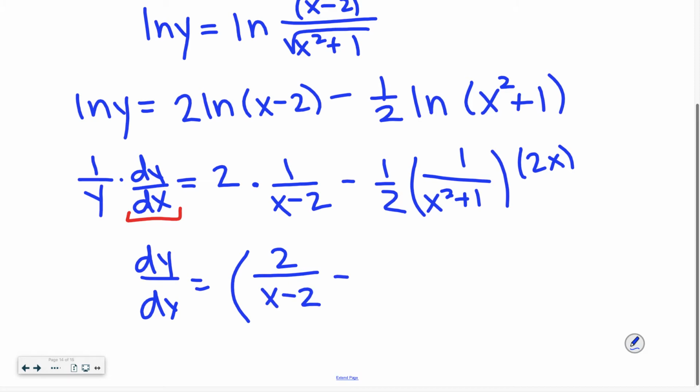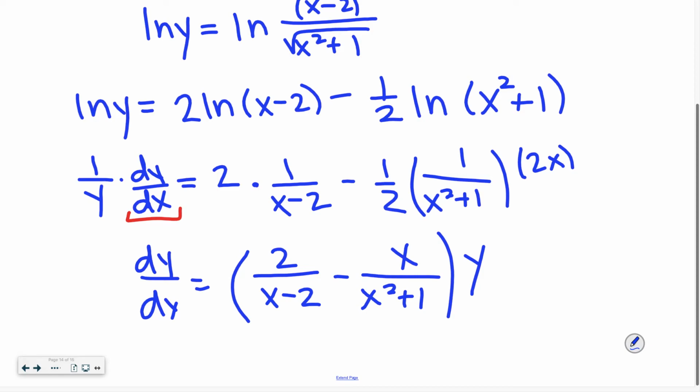Since we have to rewrite it, I'm going to make it look a little bit more pretty. I'm going to write this as x over x squared plus 1, because technically the 2's would cancel. And then we're multiplying by y. We multiply that y to the other side.